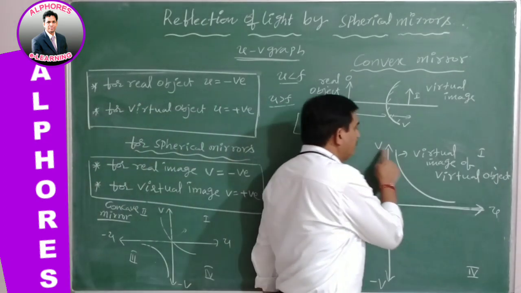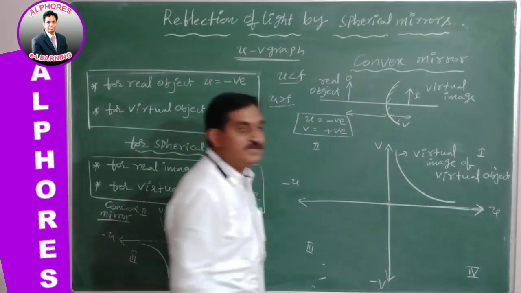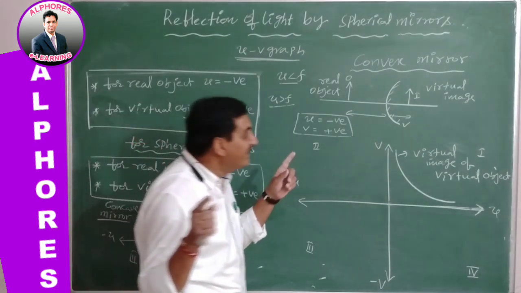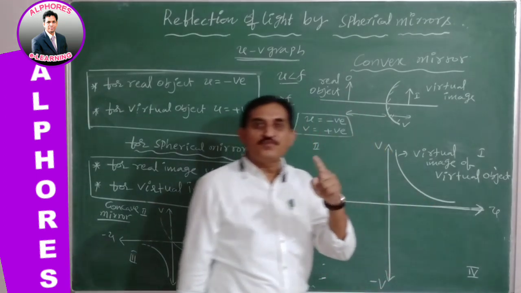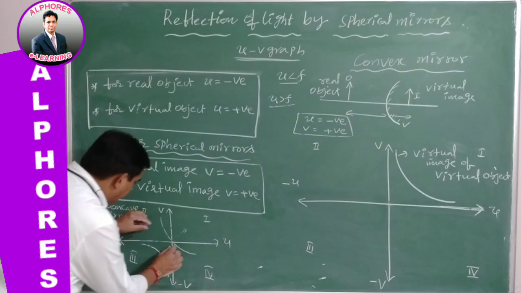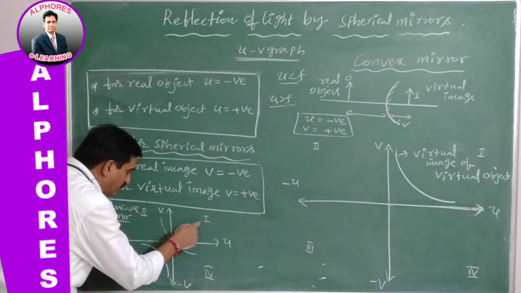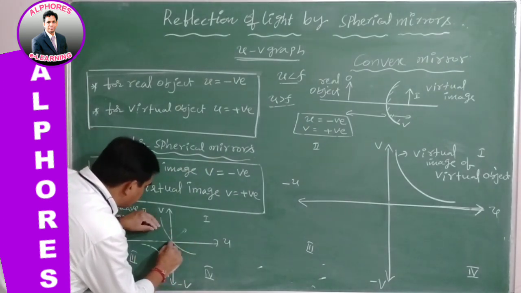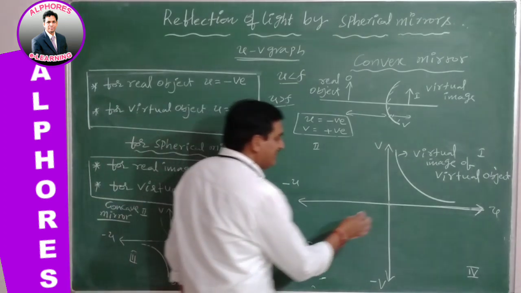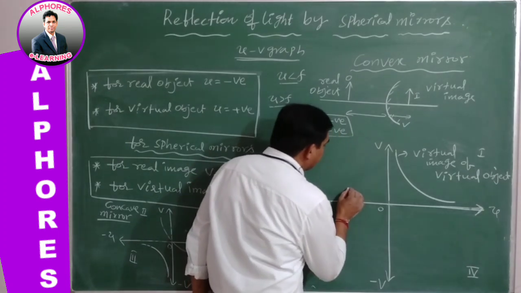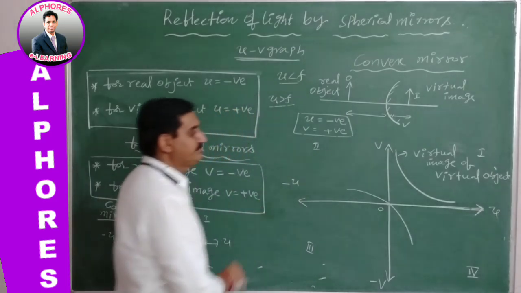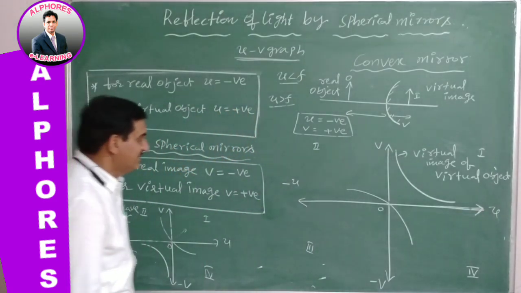Therefore, here V is positive, U is positive, which is possible in the first quadrant. Therefore, it is a virtual image of a virtual object which extends in the first quadrant. Okay. The next, here logically it is shifted to the first quadrant, but this curve is passing through the origin. This is reversed there itself. Here at the origin, it is simply reversed.